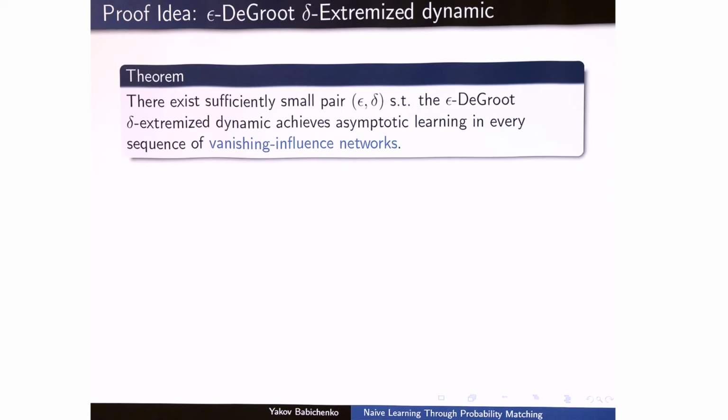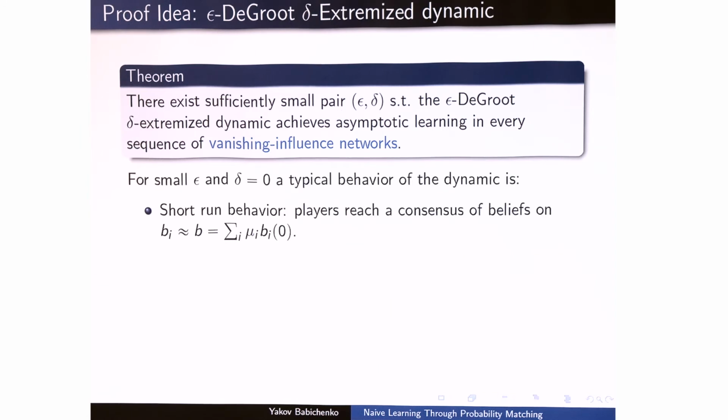The second part is, I think, the technically most interesting part: how to show that this dynamic converges. So let me give an intuition for it. Fix some small epsilon, and delta equals 0, which is the epsilon DeGroot dynamic without extremization.